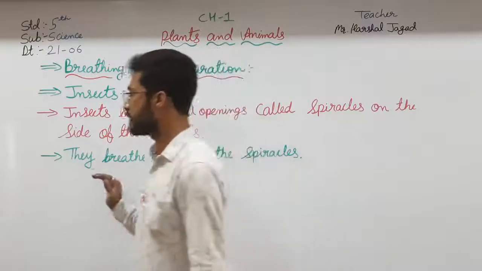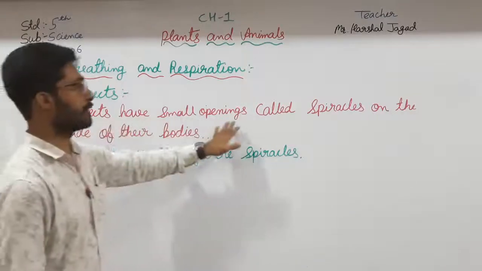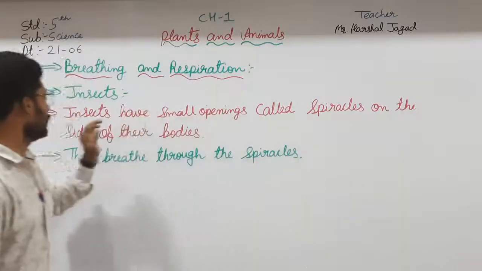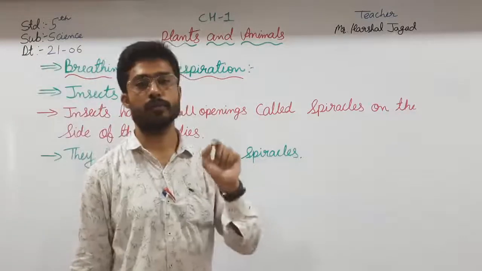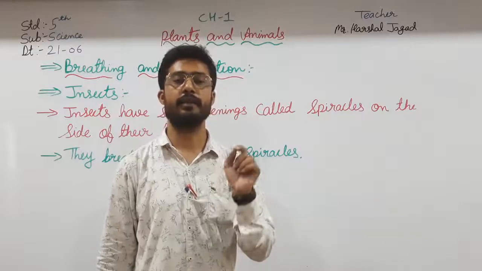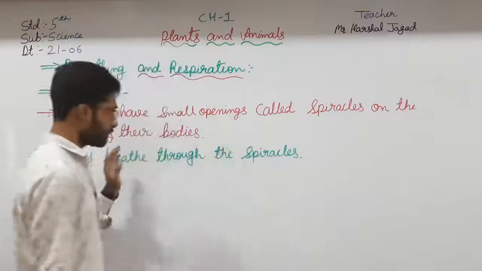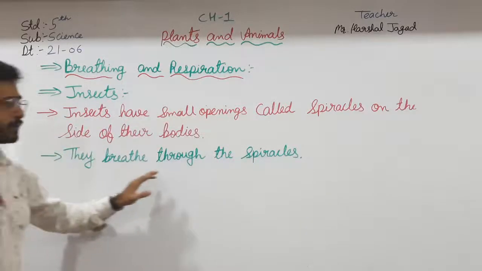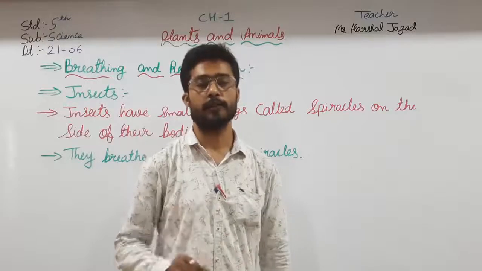Now coming towards the insect, insects have small openings called spiracles on the sides of their body. Means there are some small holes on the bodies of the insects which are known as the spiracles, and they breathe through the spiracles.